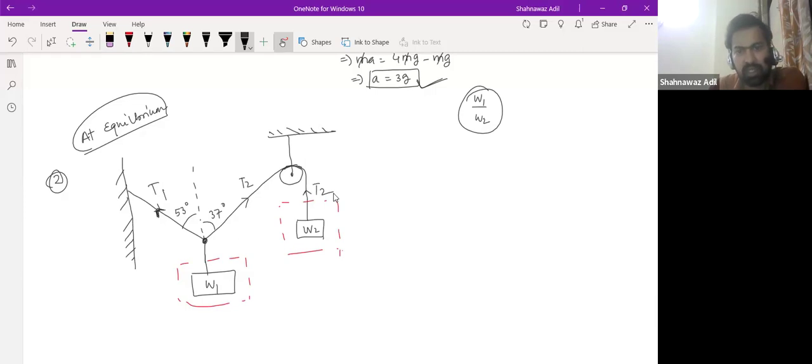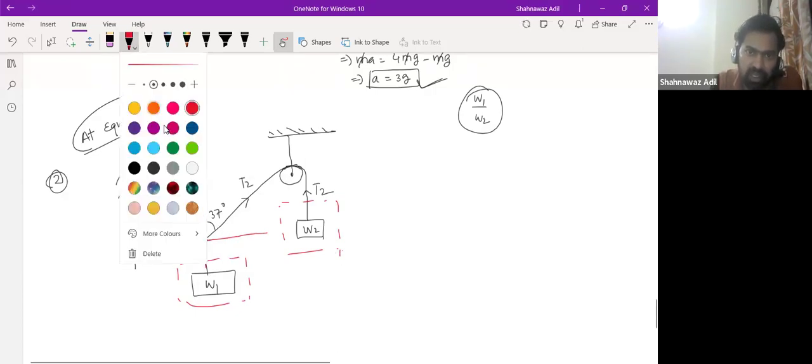So this is the free body diagram. And what do we have? So we have, let's say, this X and Y axis for here.